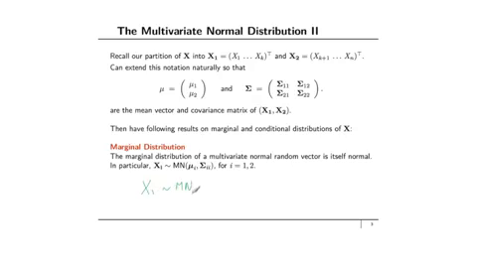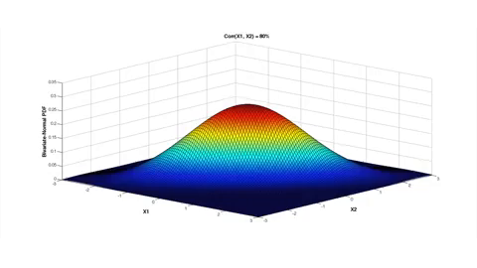In fact, it's got k components, mu1, sigma 1,1. And similarly, x2 is multivariate normal, mu2, sigma 2,2. And this has n minus k components.